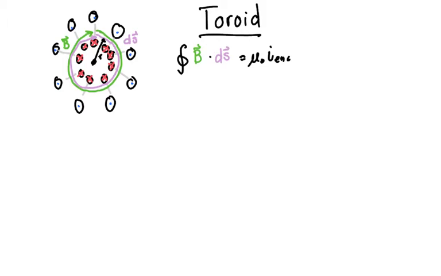Okay, so as I go around my purple path, I'm keeping the same distance from the center of the toroid the entire time. And at that same distance, my magnetic field will be constant. Now if I were to change my radius, then I will have a different magnetic field. But along my Amperian loop path, it is constant. And if it's constant, then that means I can pull it out of the integral.